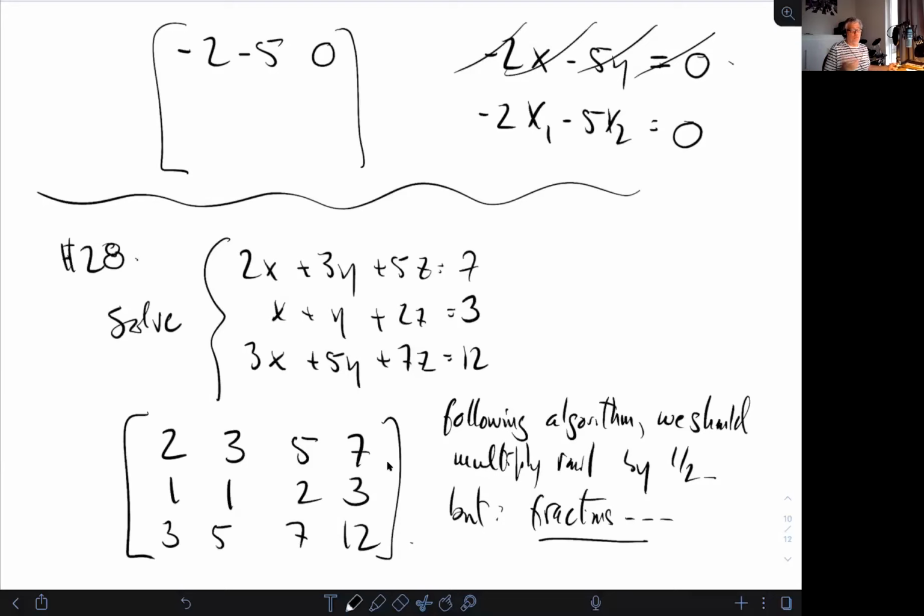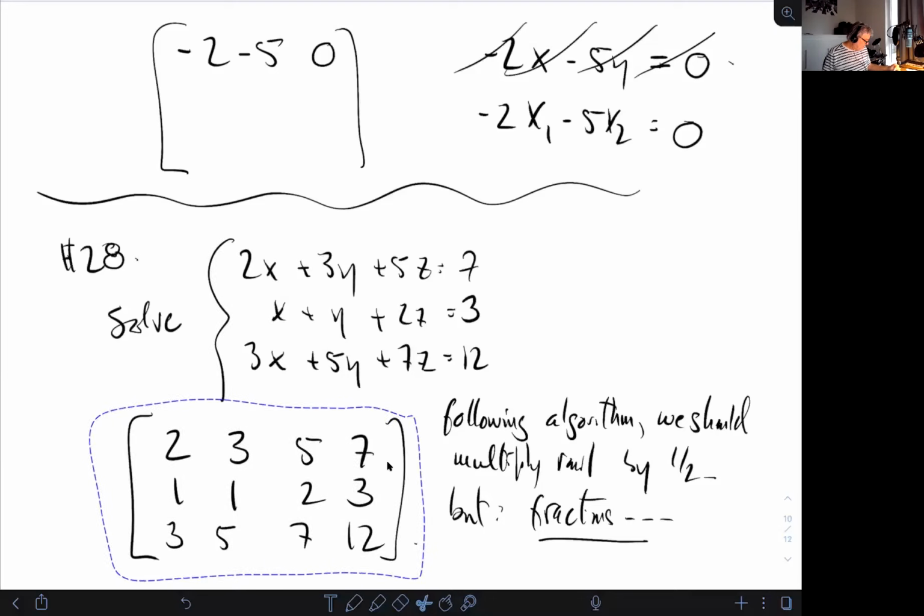But there's another way of making the entry 1 without introducing fractions. Change row 1 to row 2? Yes, if you exchange those two rows, then you'll get what you want, exactly. So I'm going to do that.